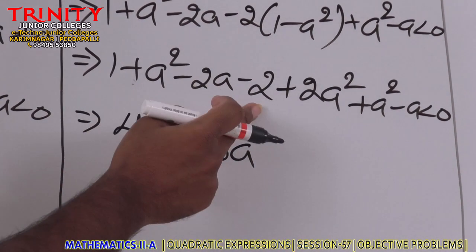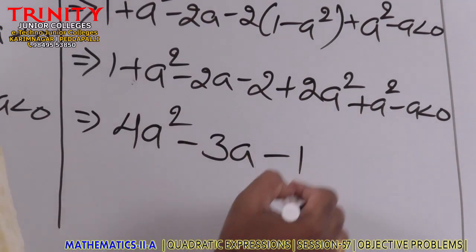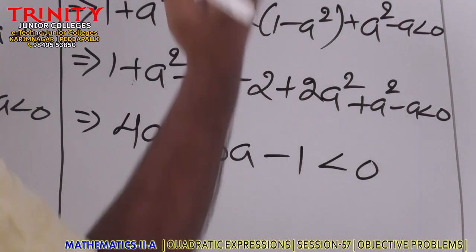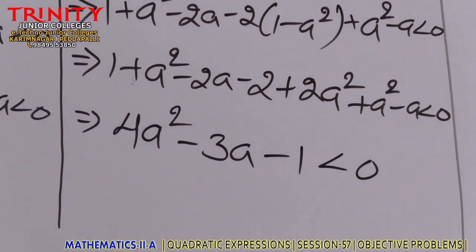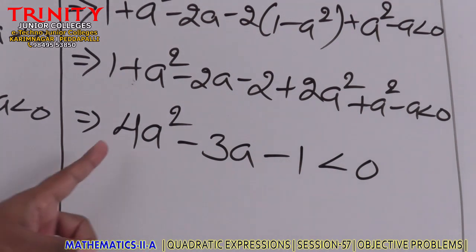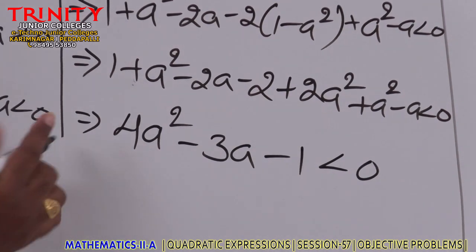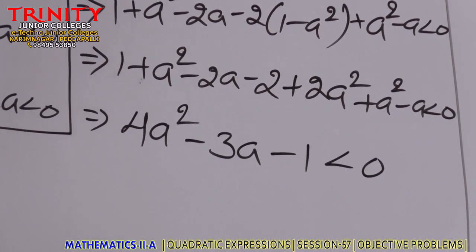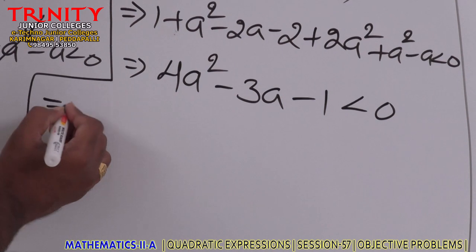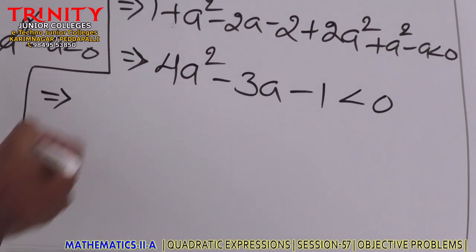Okay, minus 2 plus 1, that is minus 1, less than 0. Now we got a quadratic equation in the form of ax square plus bx plus c. Then you go for factorization.